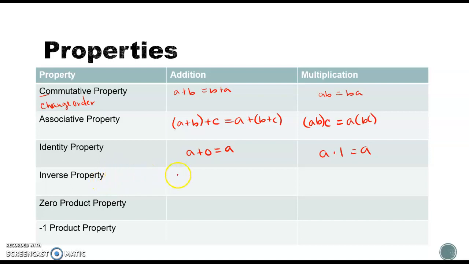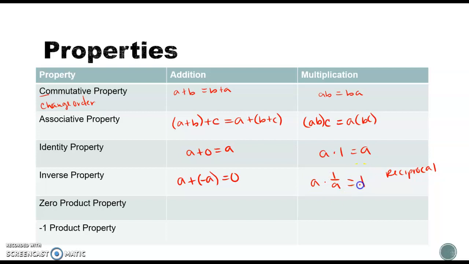Inverse property, that's the opposite. So for addition, that's the negative, so adding the negative to where we get 0. For multiplication, that's the reciprocal. So if I have A times 1 over A, I'm going to end up with 1.